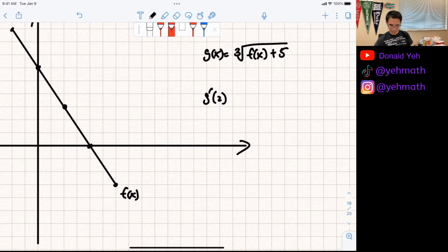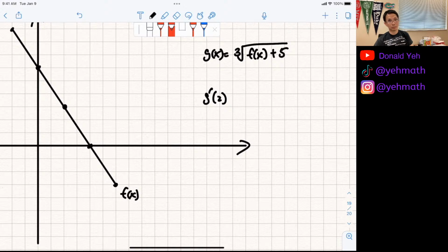Is it g of 2 or g of 3? G prime of 2. It's three.